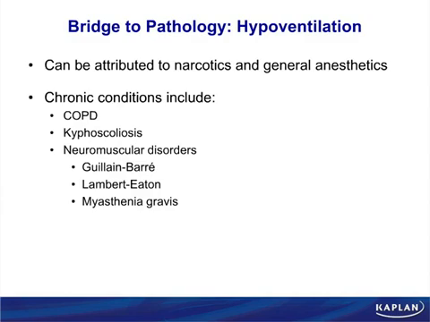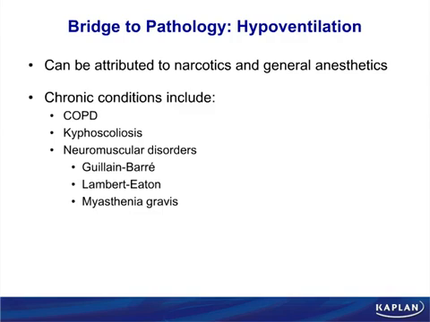All right, the bridge to pathology here. What could cause hypoventilation? Well, narcotics and general anesthetics both suppress the CO2 drive to breathe. Some chronic conditions would be COPD, kyphoscoliosis, and neuromuscular disorders like Guillain-Barré, Lambert-Eaton, myasthenia gravis. Anything that reduces muscular strength could result in hypoventilation.